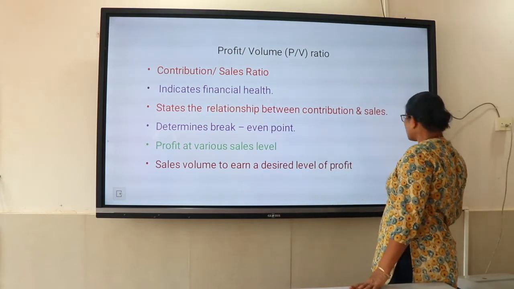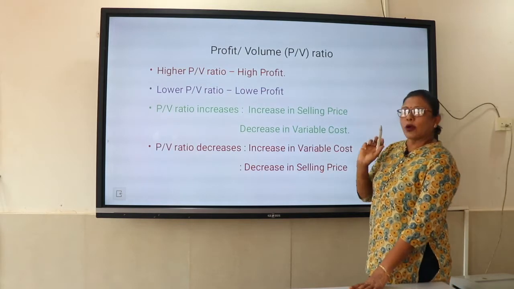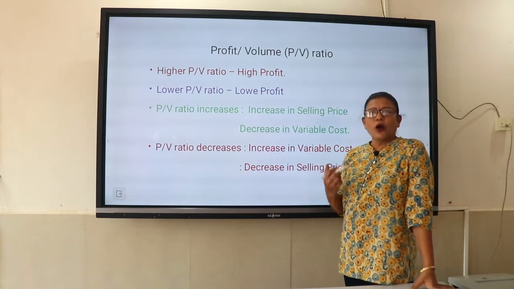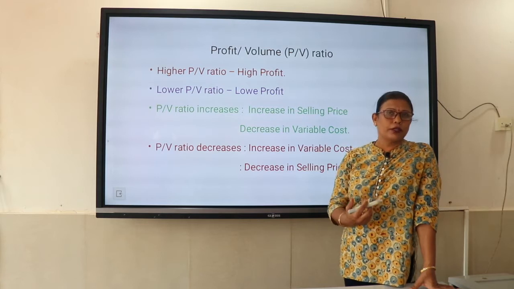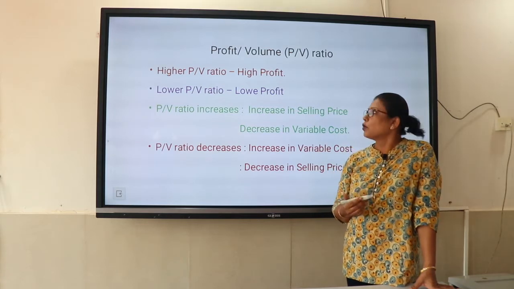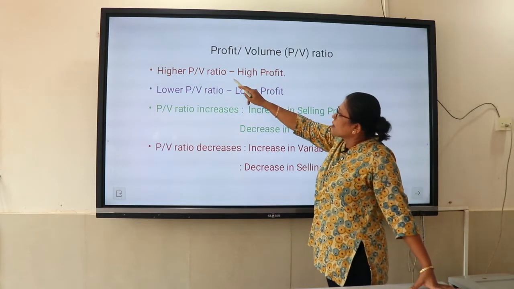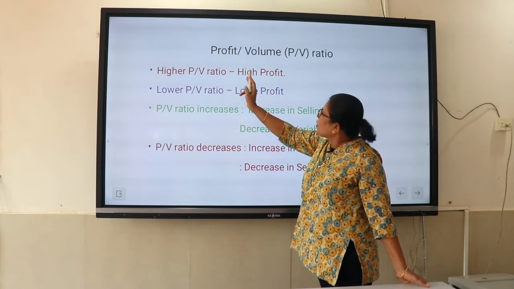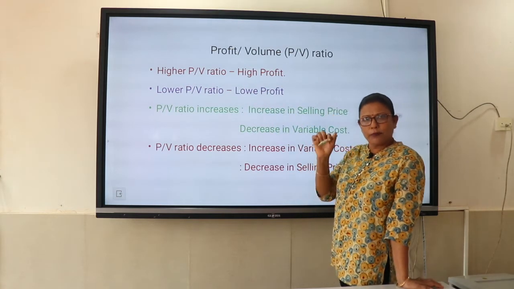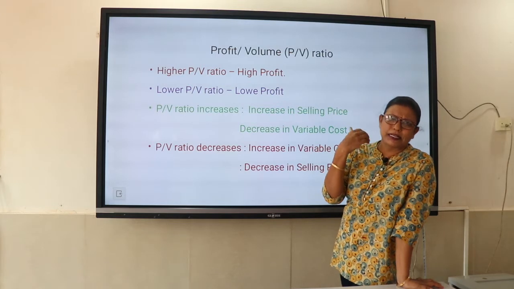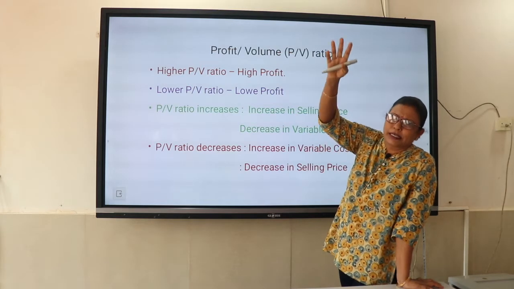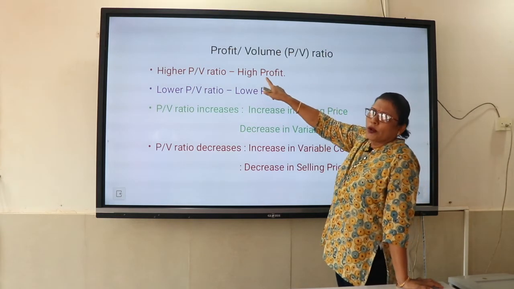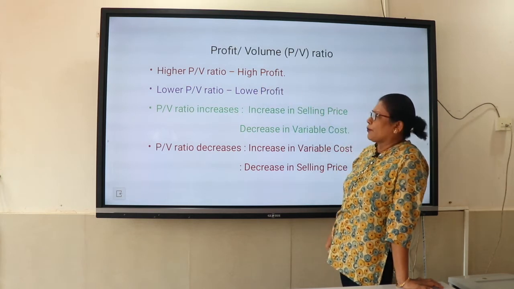Alright, now what does this PV ratio indicate? How do I know whether I have a good PV ratio or a bad PV ratio? If your PV ratio is higher, it indicates high profit. PV ratio normally comes in percentages, and if you have a higher percentage, that means you are likely to get a higher profit.